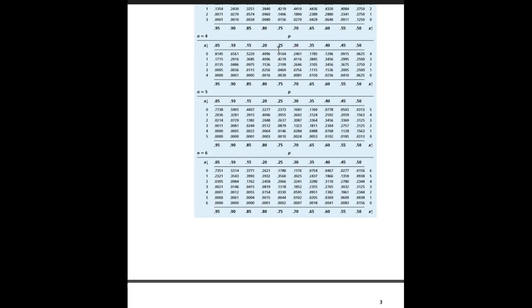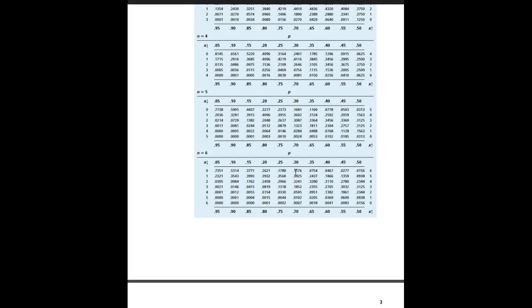That is 1 minus the probability that x is less than 2, which is the same as 1 minus the probability that x is less than or equal to 1. That's easier to calculate. It's 1 minus 0.3560 minus 0.1780, and that ultimately equals 0.4660.